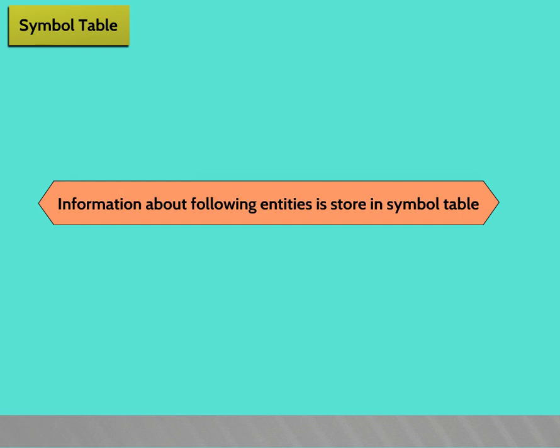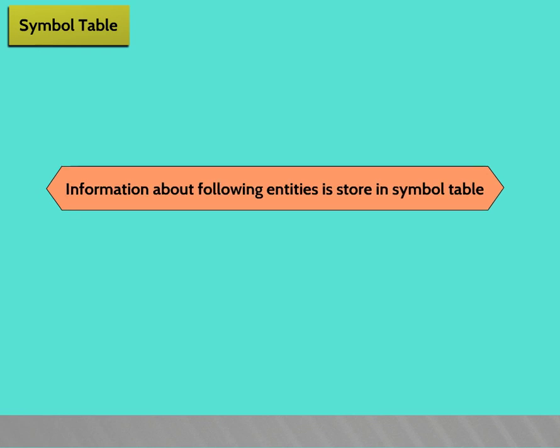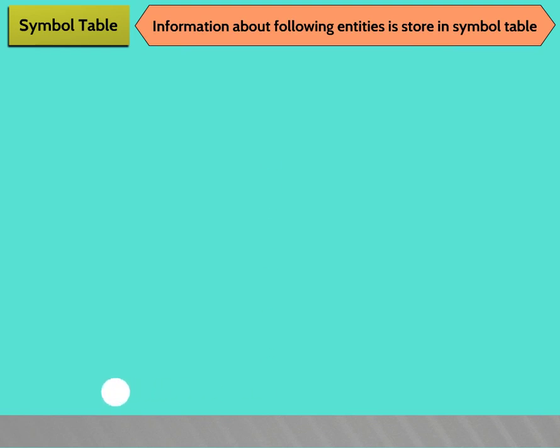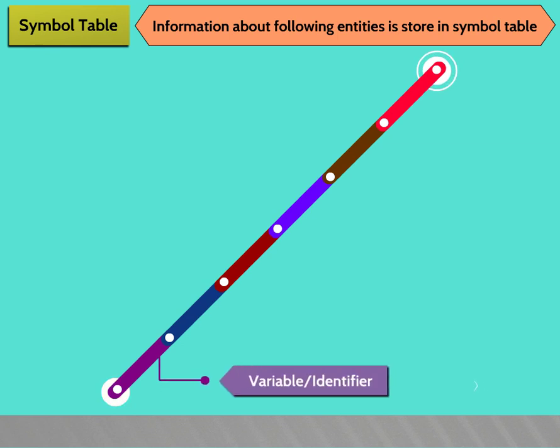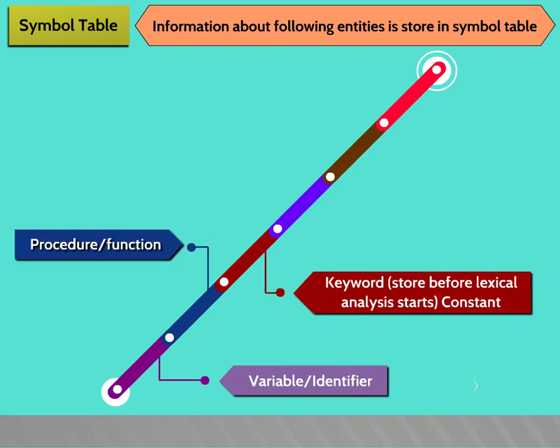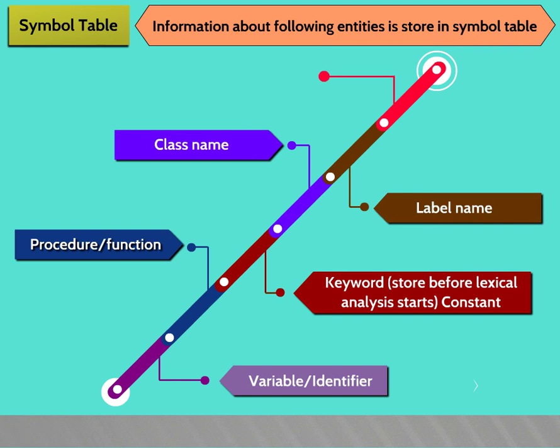Information about the following entities is stored in the symbol table: variable or identifier, procedure or function, keyword, which is stored before lexical analysis starts, constant, class name, label name, structure and union name.